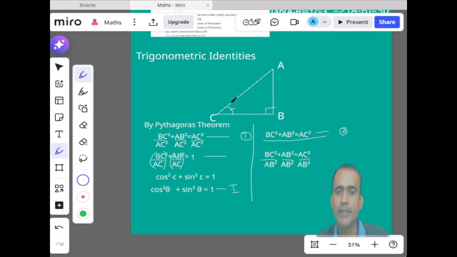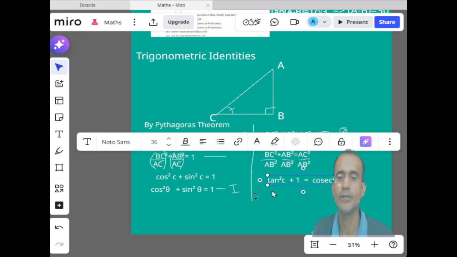Let us take angle C. So BC by AB is cot C, base by perpendicular side, AB by AB is 1, and AC by AB is cosec C. So we put cot C in place of BC by AB and cosec C in place of AC by AB. So we get cot square C. So 1 plus cot square C is equal to cosec square C.